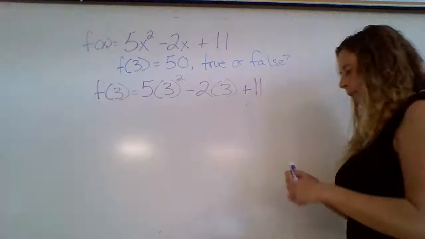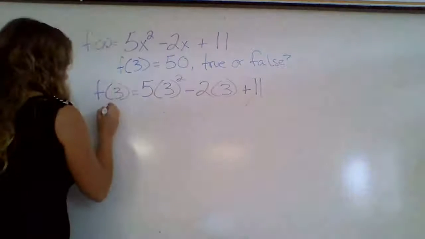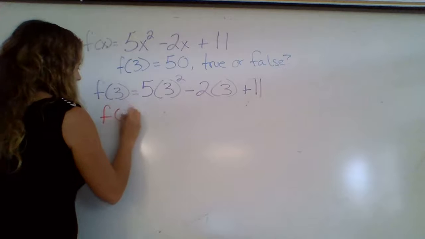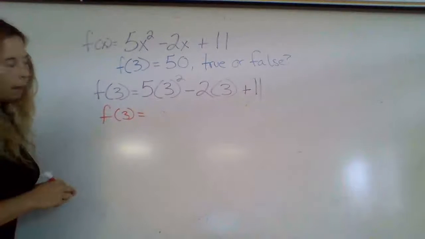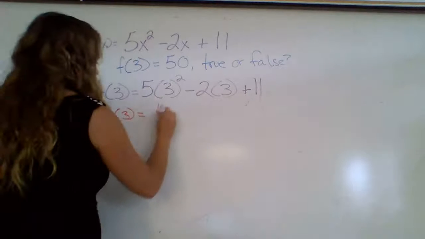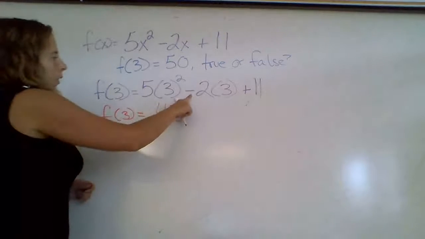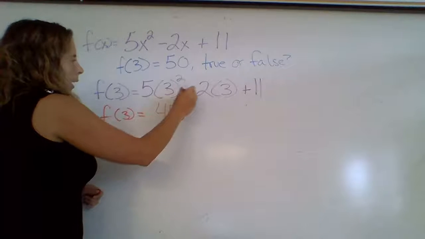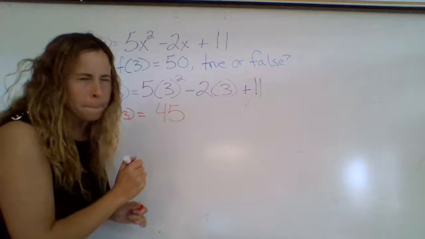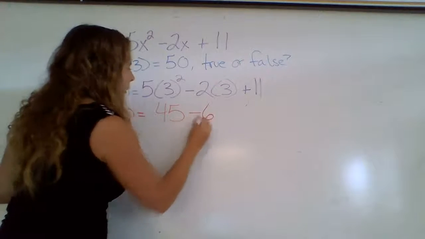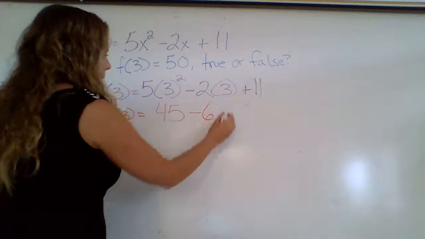All right, and then just keep on keeping on. f of 3 equals 3 squared. 3 times 3 is 9, times 5 is 45. Negative 2. Don't forget about your negative sign. Negative 2 times 3, negative 6. That was me looking at you for the answer. And then rewrite your 11.